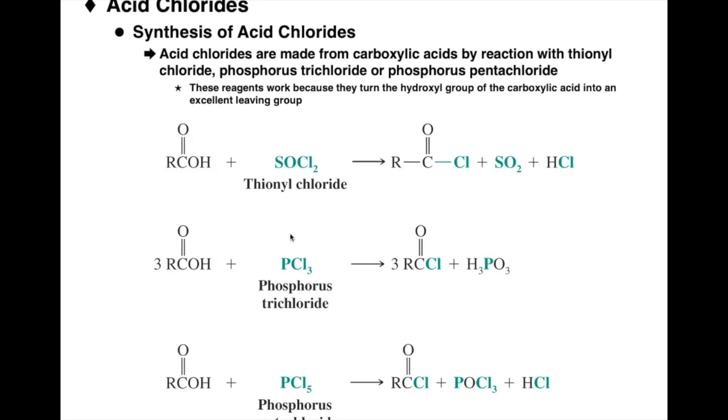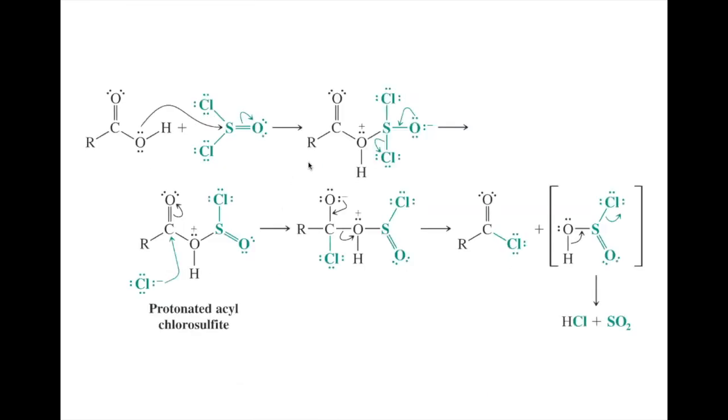Or we can react the carboxylic acid with phosphorus trichloride or with phosphorus pentachloride, okay, forming the corresponding acyl chlorides. Okay. So paano nangyayari yon? So this is your thionyl chloride, and as you can see, you just have a nucleophilic attack on this group.